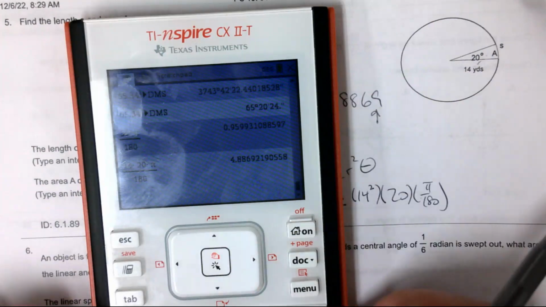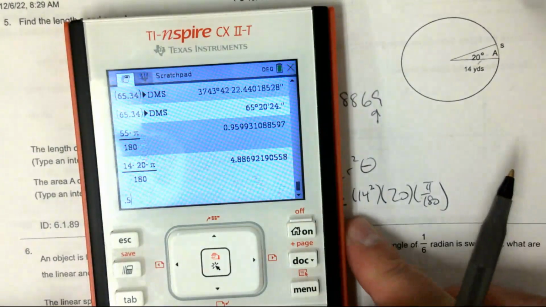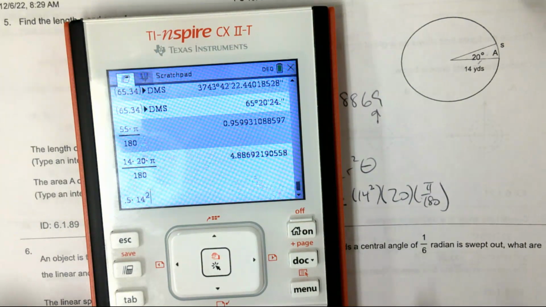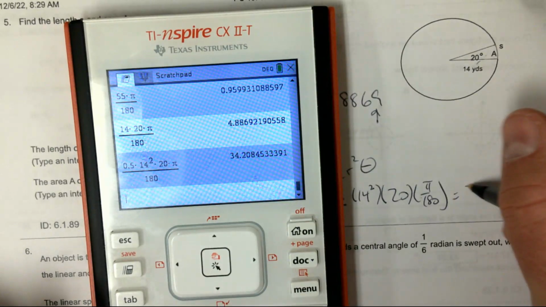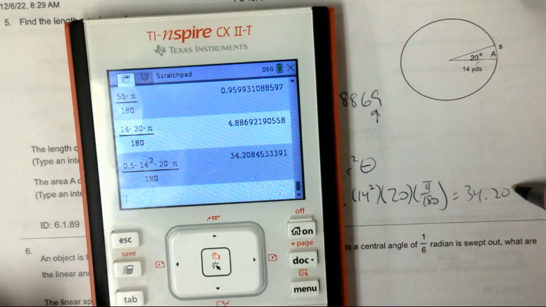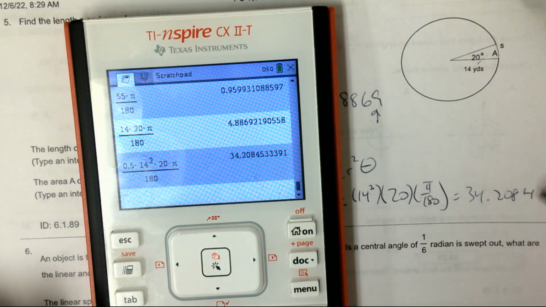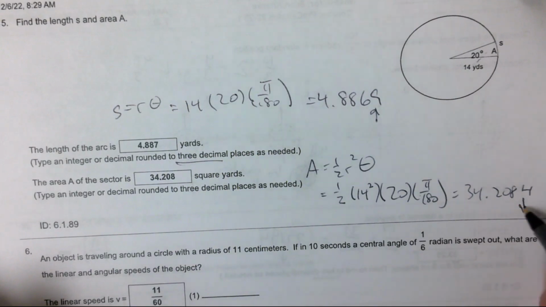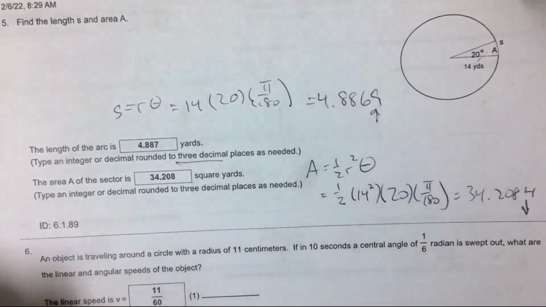So now I'm going to type 0.5 instead of 1/2, and then say times 14 squared times 20 times pi over 180. And I get 34.2084. And based on the 4, we round down, and so 34.208.